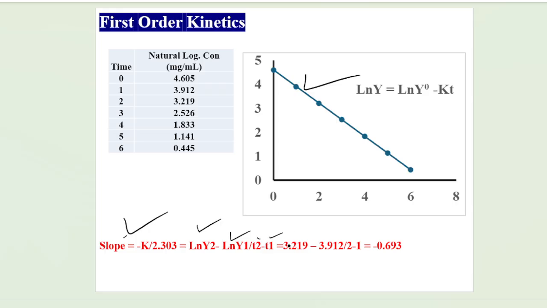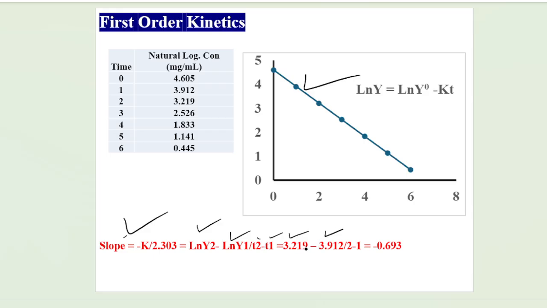The natural log of y2 is 3.219 at t2, and at t1 it is equal to 3.912.